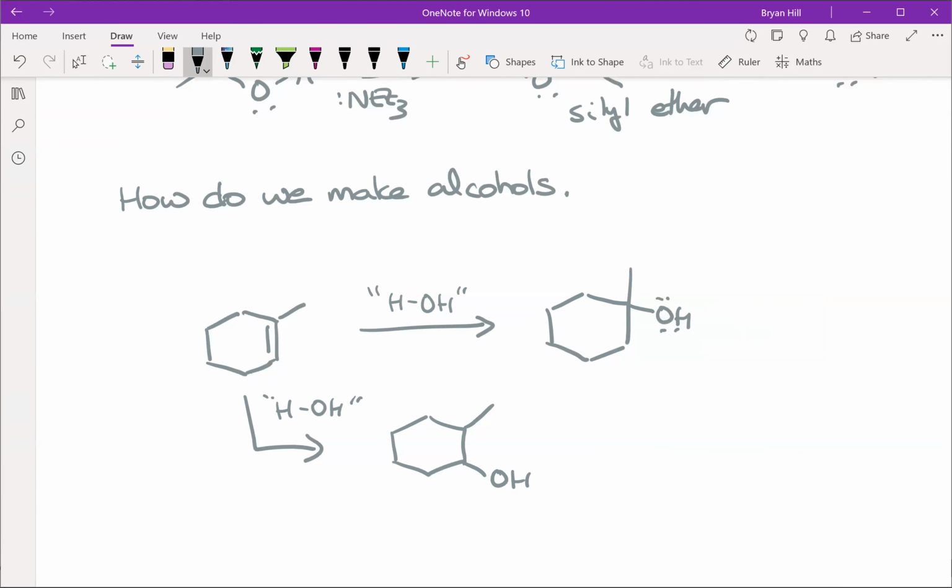So this is actually an addition reaction. Substitution, if we had, say, an alkyl halide, and we could try to do an SN2 reaction on this. This would be a substitution reaction.